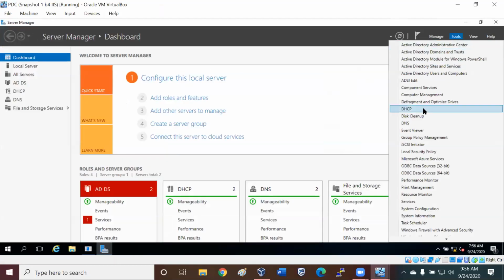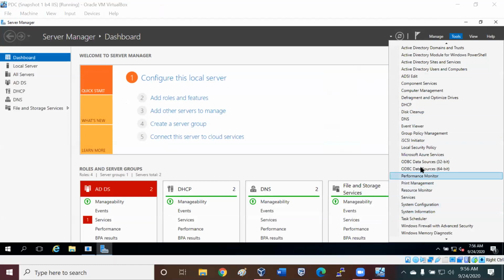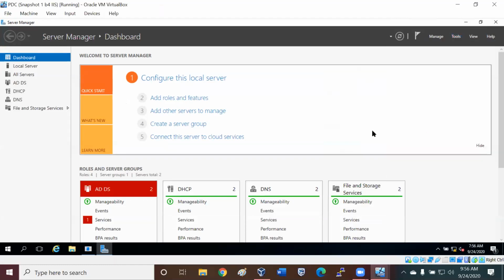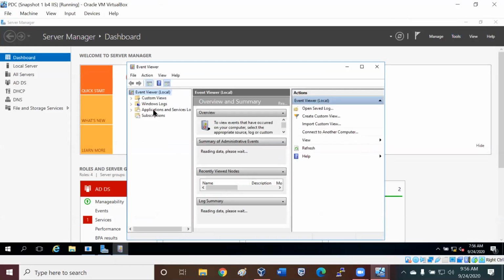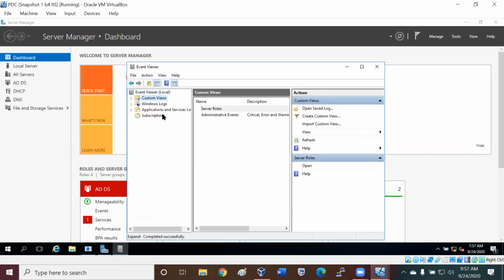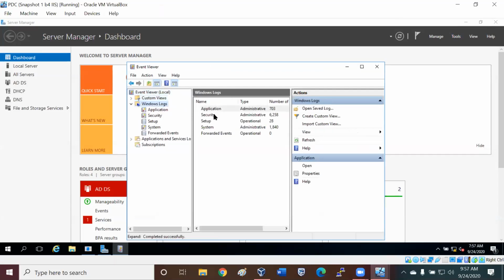So tools. What do we have here? System configuration, well, not in details, but Event Viewer, what is happening on the system, for example. Okay, this may be advanced, or Windows Logs.